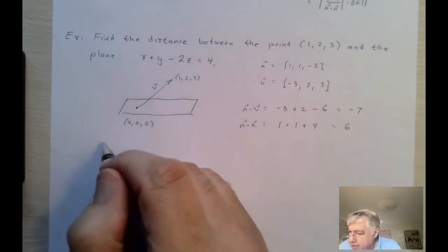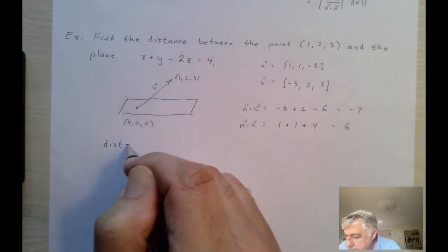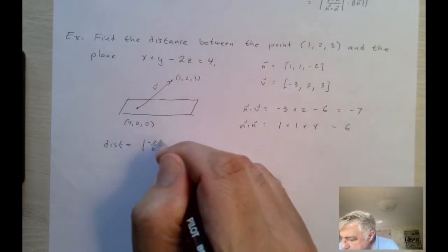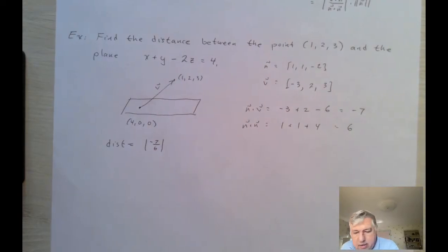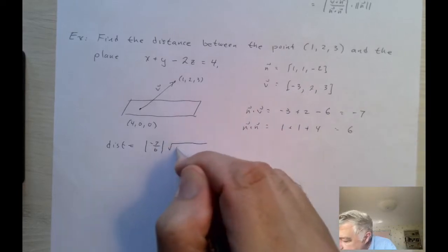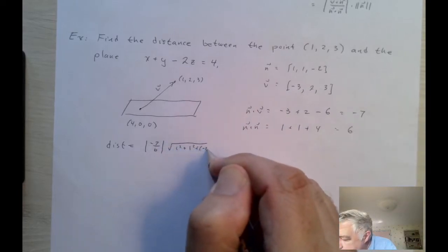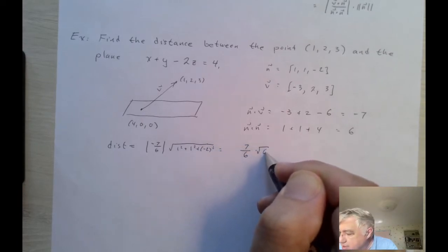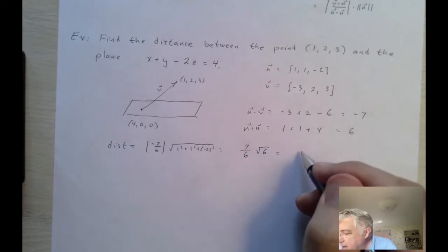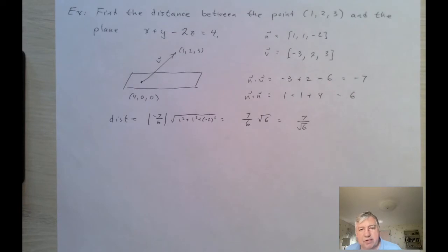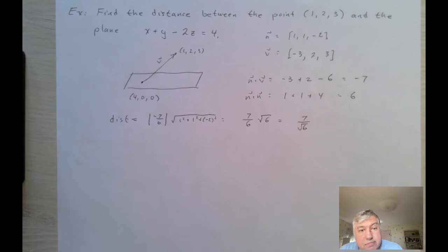So the distance is going to be the absolute value of negative 7/6 times the length of n, which is the square root of 1 squared plus 1 squared plus negative 2 squared. So this will be 7/6 times the square root of 6. You can leave it like that, or in the not so nice form of 7 divided by square root of 6. And then you can plug it in your calculator, if you want to.